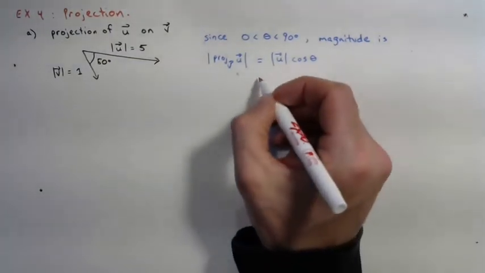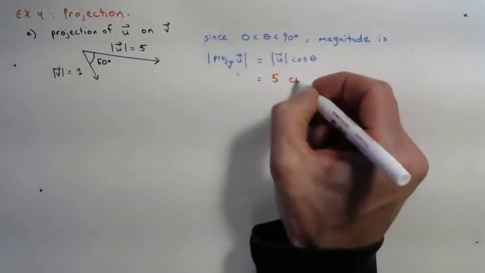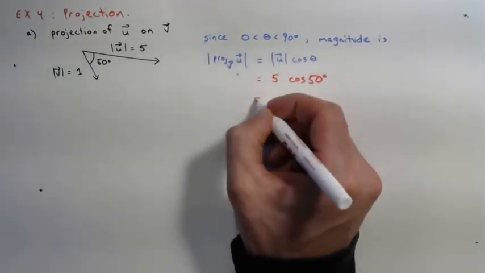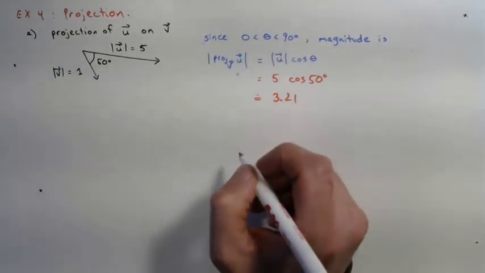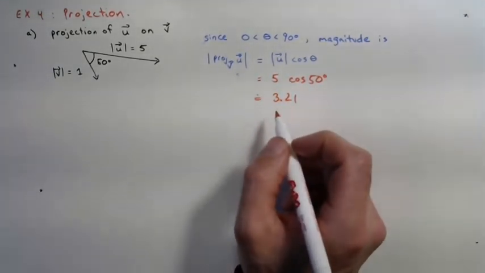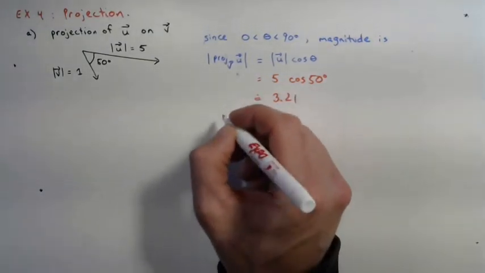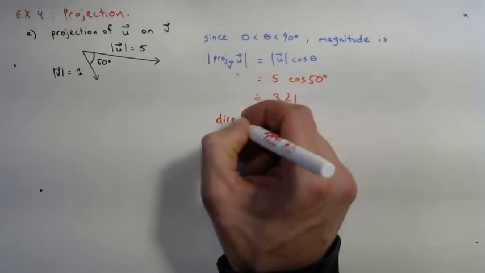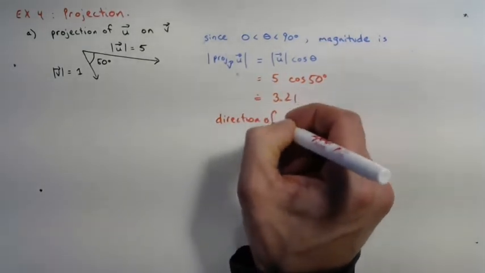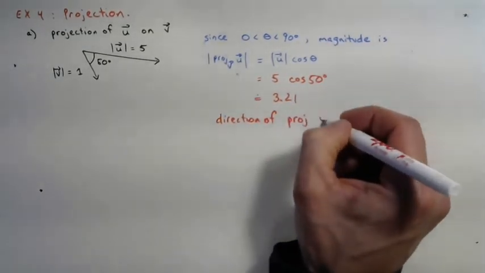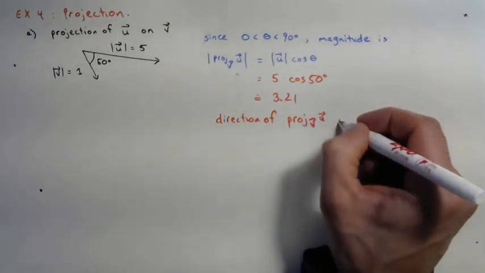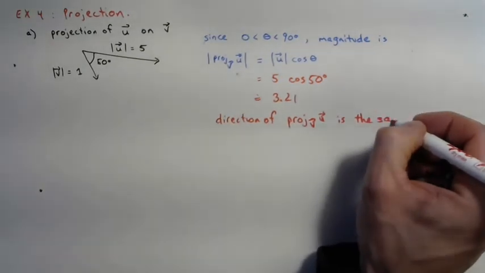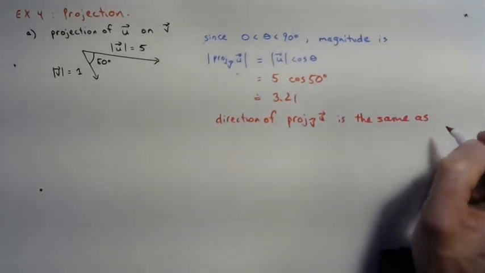Plug in what we know. Magnitude of u is 5, theta is 50, in the calculator 3.21. So that's the magnitude, and the direction of the projection of u onto v is the same as the direction of vector v.